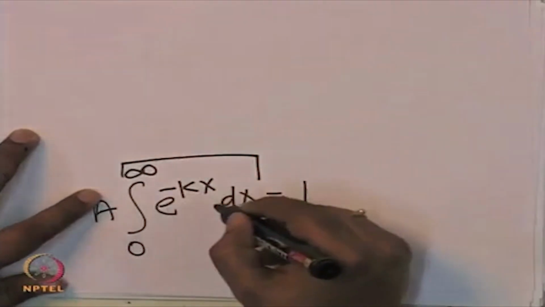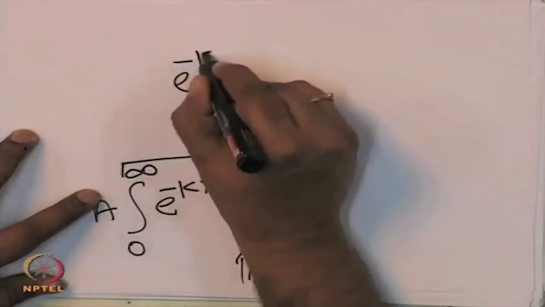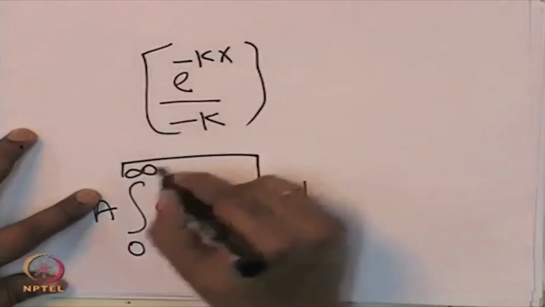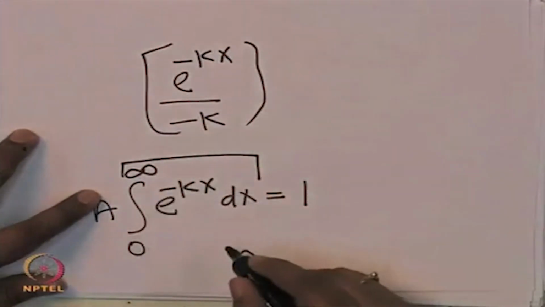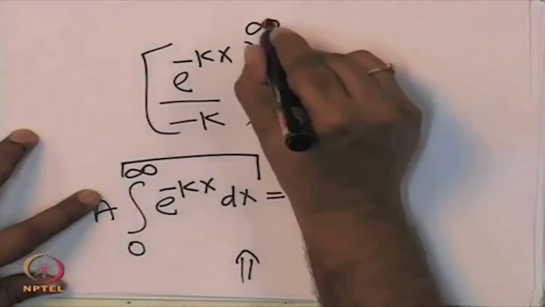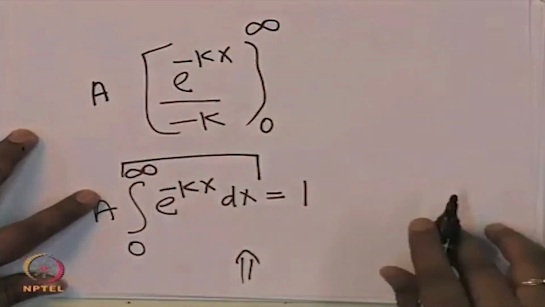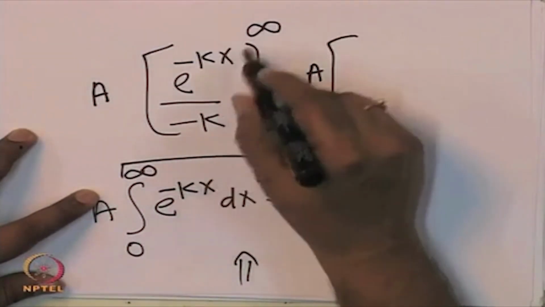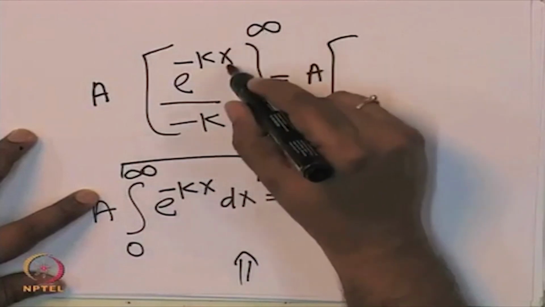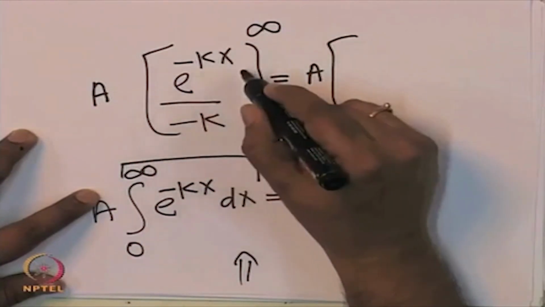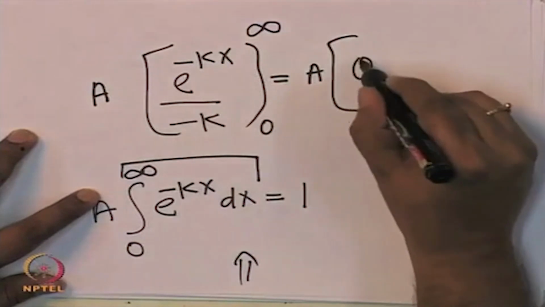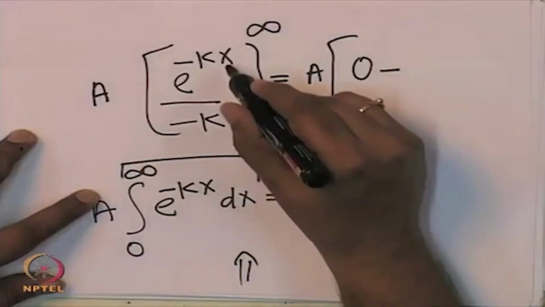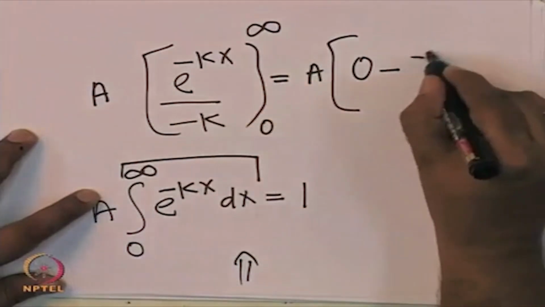What is the integral of e power minus kx from 0 to infinity? The integral of e power minus kx is e power minus kx divided by minus k. With the constant a, applying the limits: at x equal to infinity, e power minus infinity is 0, and at x equal to 0, this is minus 1 over k.